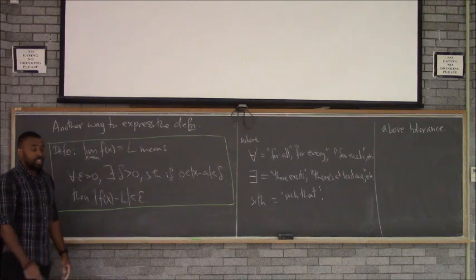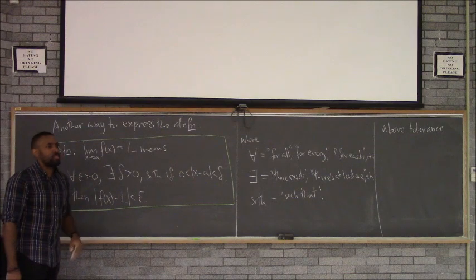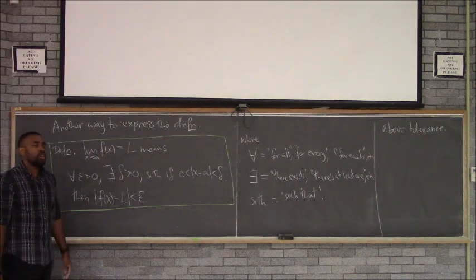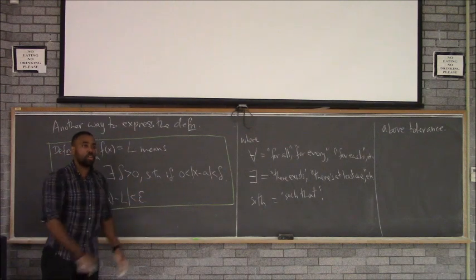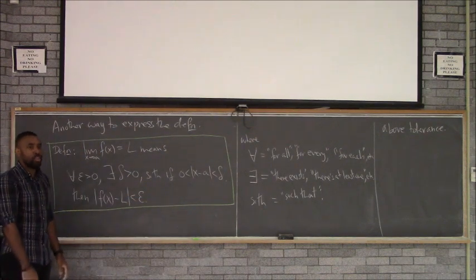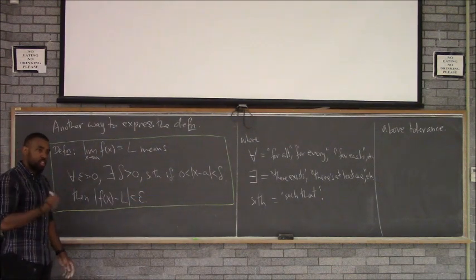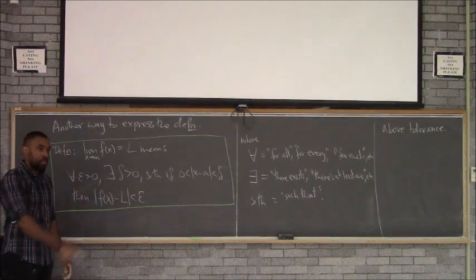Then someone can say, no, that's not close enough, I want them to be a half unit close. Okay, to get a half unit close, make sure your x values are 1/3 unit close, and then the y values will be a half unit close. So whatever someone says to you, you'd be able to respond to them.